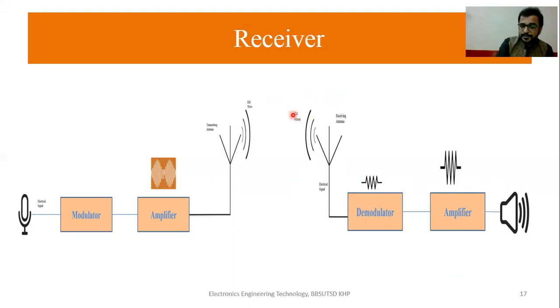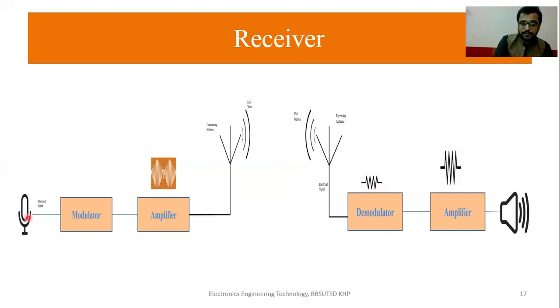The receiver receives these EM waves transmitted by the transmitting antenna, and the receiving antenna converts them into electrical signals. After that there is demodulation, because we have no need of the carrier signal now at the receiving side. The demodulator separates the carrier signal from the message signal, leaving the electrical signal.